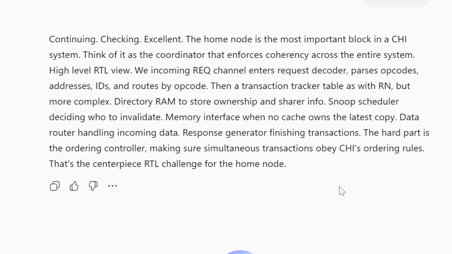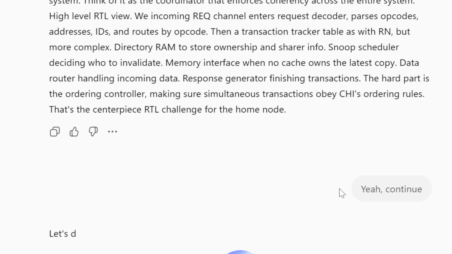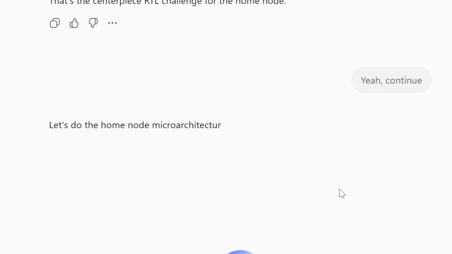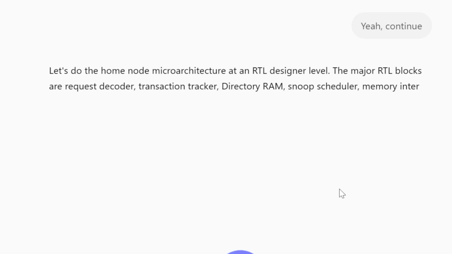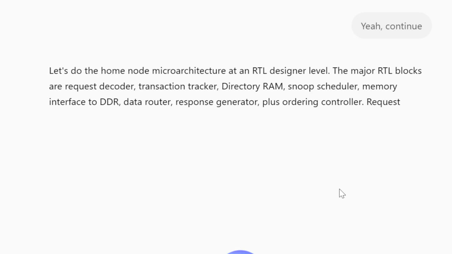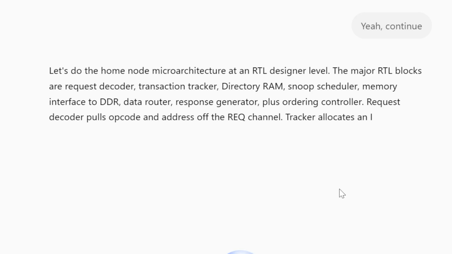That's the centerpiece RTL challenge for the home node. Let's do the home node microarchitecture at an RTL designer level. The major RTL blocks are request decoder, transaction tracker, directory RAM, snoop scheduler, memory interface to DDR, data router, response generator, plus ordering controller. Request decoder pulls opcode and address off the REQ channel. Tracker allocates an ID, directory RAM checks ownership.